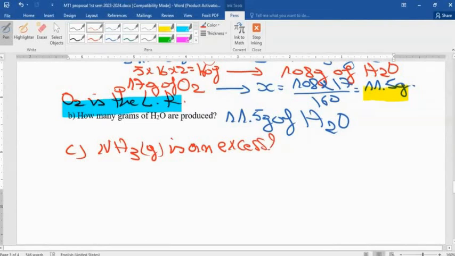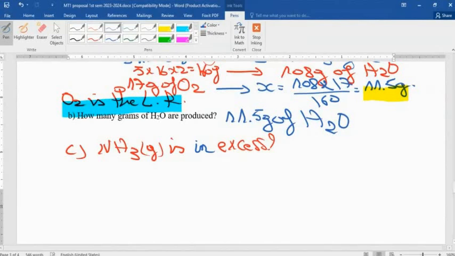What is the mass of the ammonia remained after the reaction? Since it is in excess, I cannot use it completely, because I have used up the oxygen gas, which is my limiting reactant. So this one will be in excess.